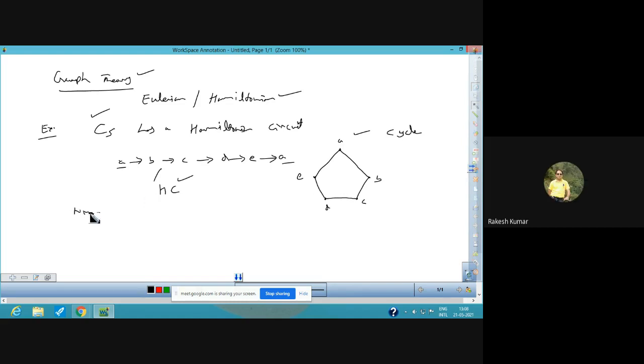Now let us come to Dirac's theorem or Ore's theorem. Here the number of vertices is 5.